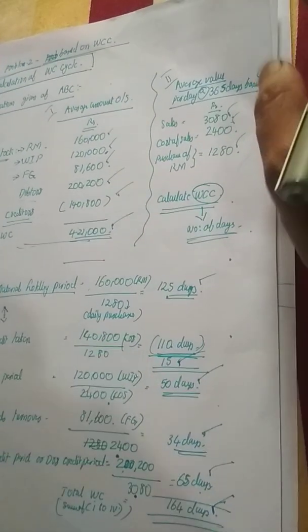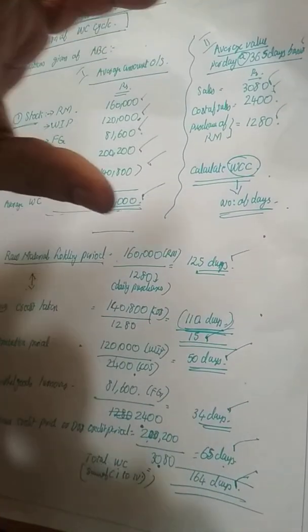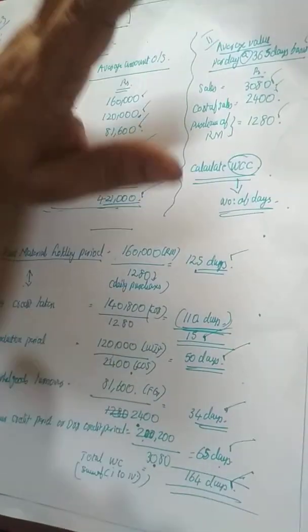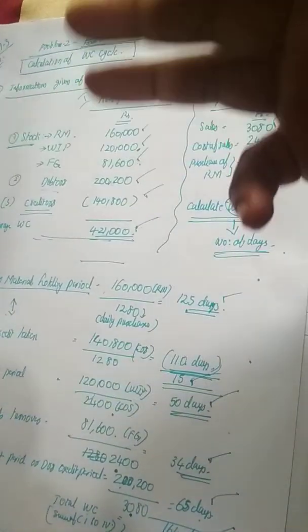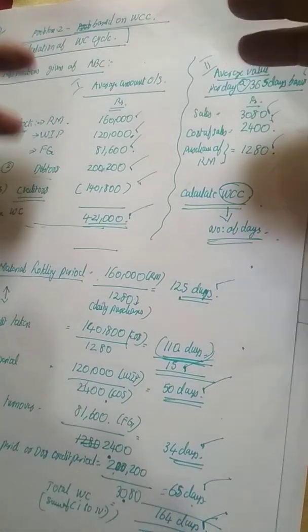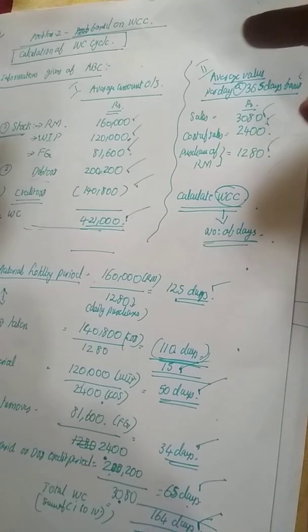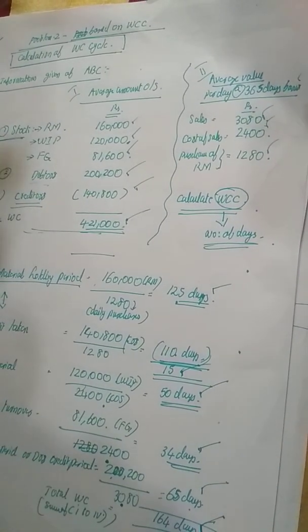It's a very easy problem. I will summarize the problem once more. Based on the yearly information and the per day information, we are finding out the working capital cycle. The total in a year of a particular item divided by the per day figure of that item, we will get the number of days for that particular item.